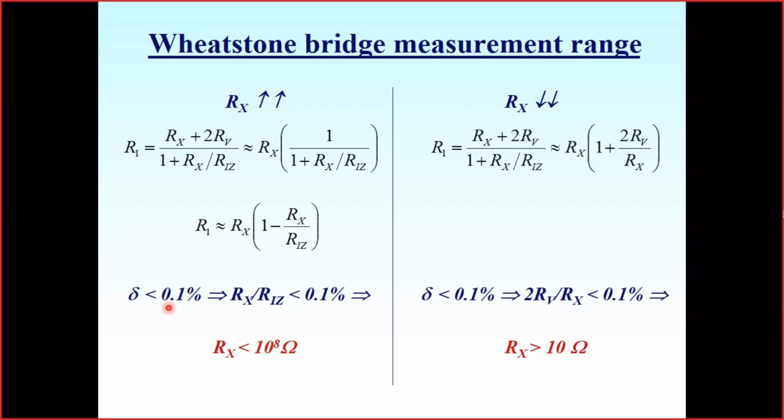This accuracy is limited because of the effect of the wire and the isolation itself. So we may easily measure the resistances with this bridge up to 100 megaohms.